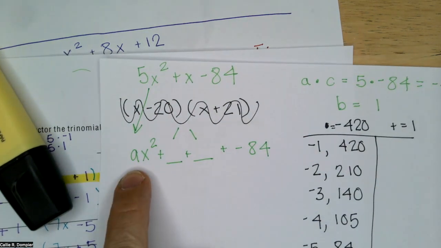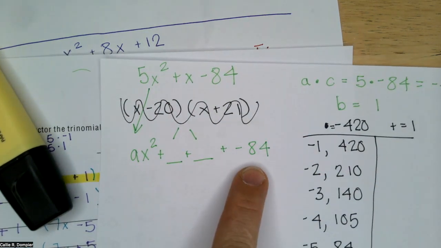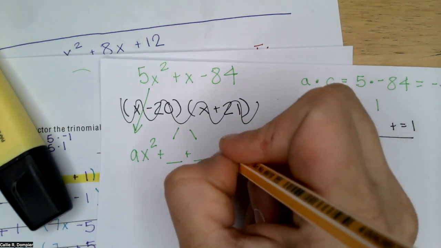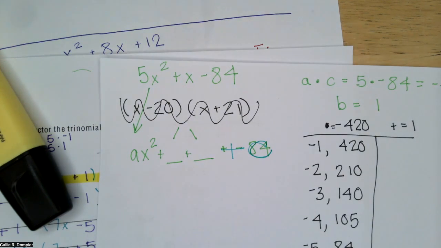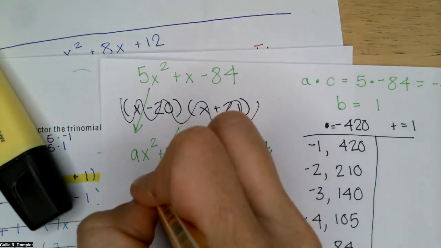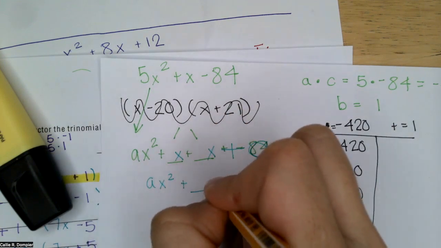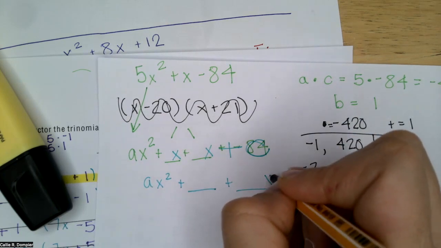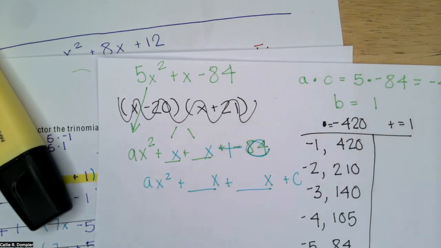So it's ax squared plus something x plus something x plus c: ax squared plus that number you found plus that other number you found, both with x's, plus c at the end.